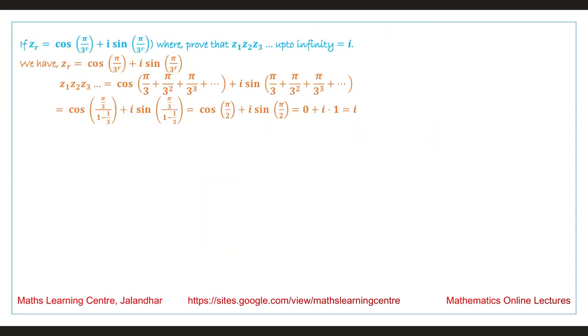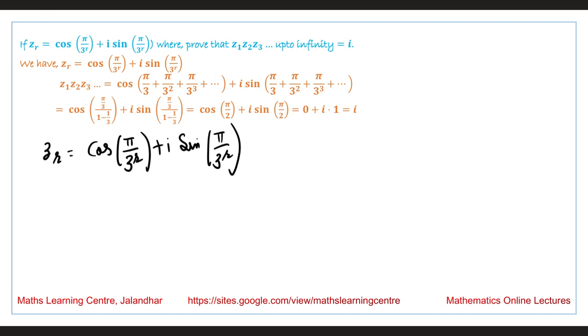Next, it is given that Z_r is equal to cos (π/3)^r plus iota sin (π/3)^r. We have to prove that Z1 into Z2 and so on up to infinity is equal to iota.